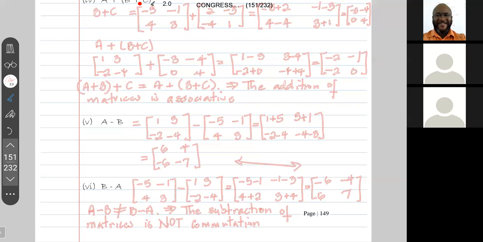I changed the order and the answer came out different. Therefore, the operation, which is the subtraction of matrices, is not commutative.